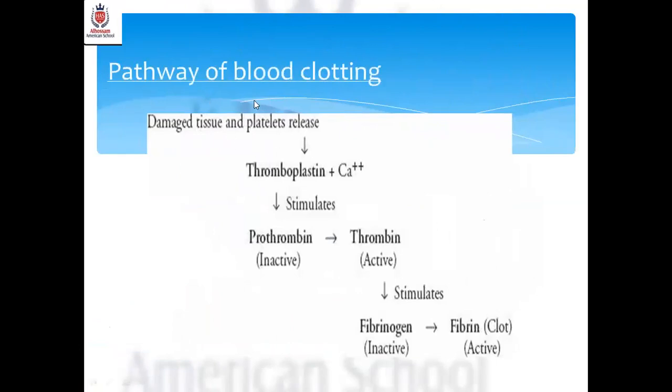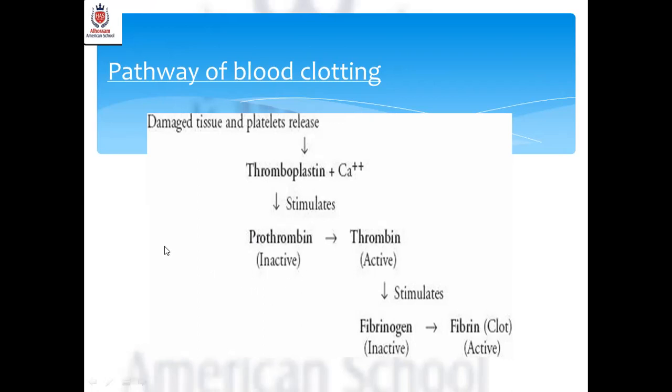When platelets are released in the damaged tissue, they release a substance called thromboplastin. Thromboplastin has a very important role in the stimulation of a protein called prothrombin.